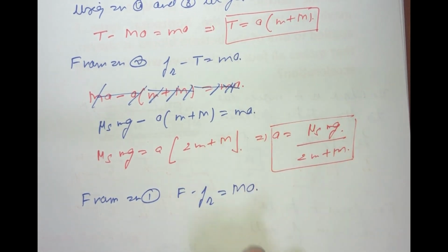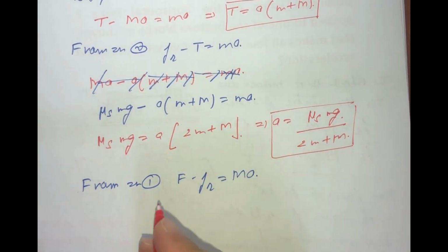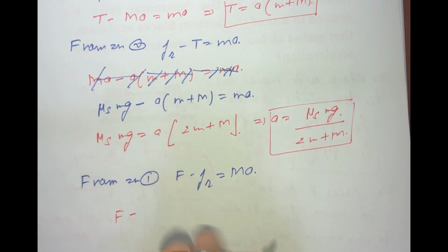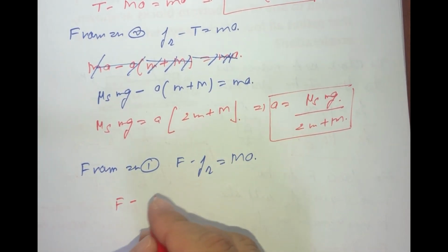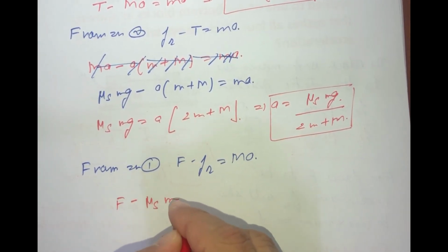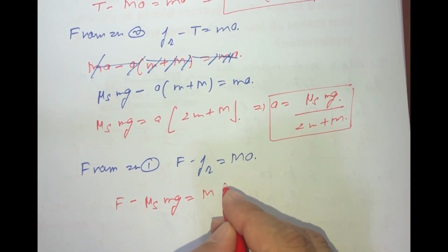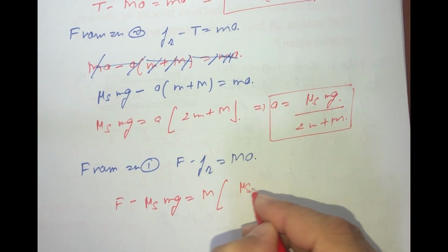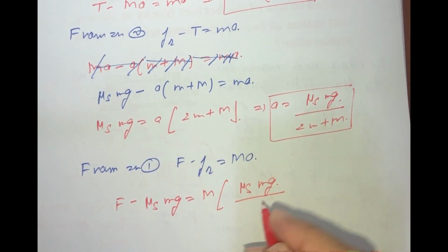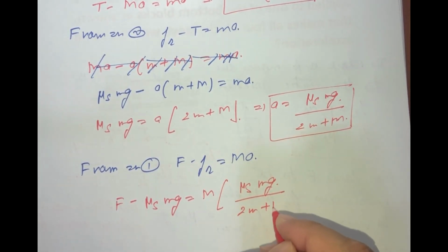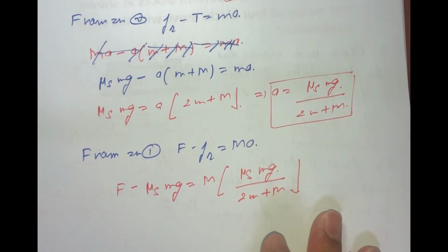You put the value of FR. So F minus FR, which is mu S mg, is equal to capital M, and the value of A is mu S mg divided by (2m plus capital M).